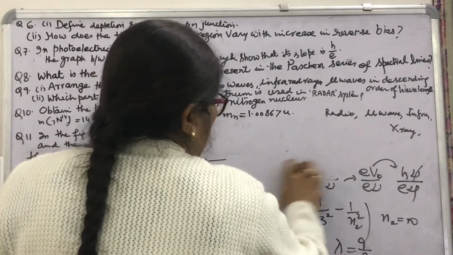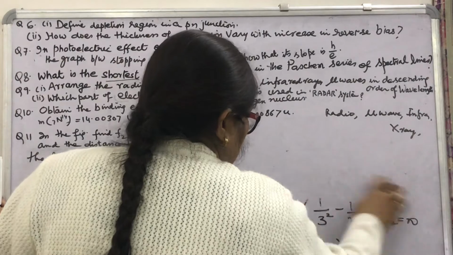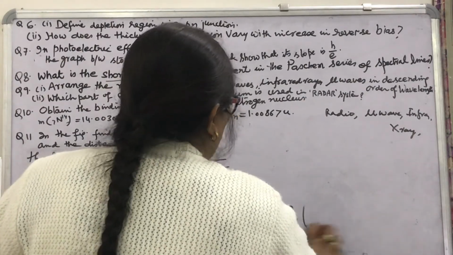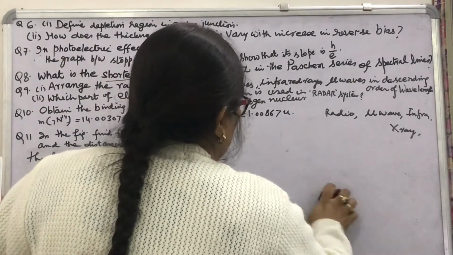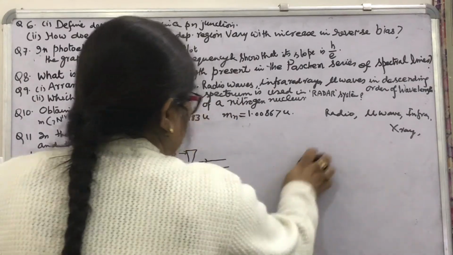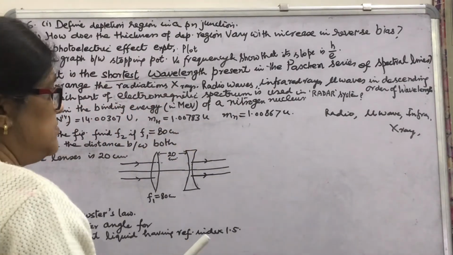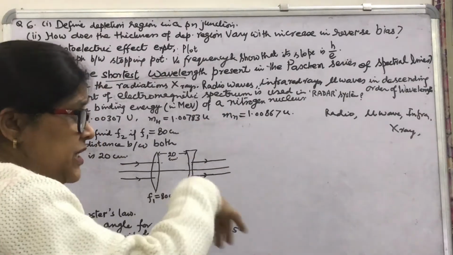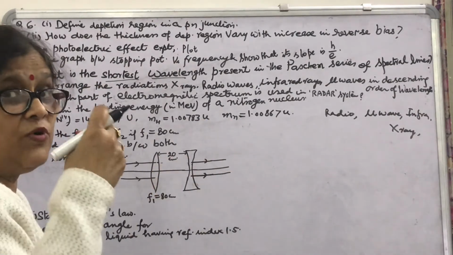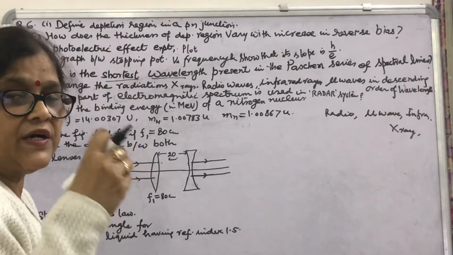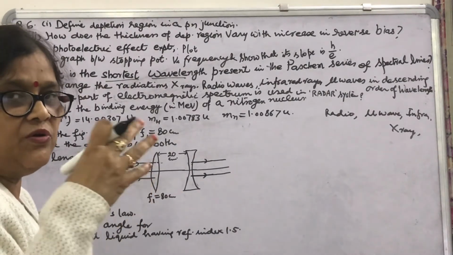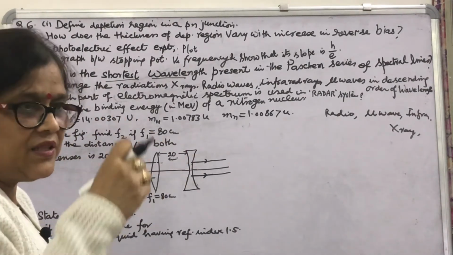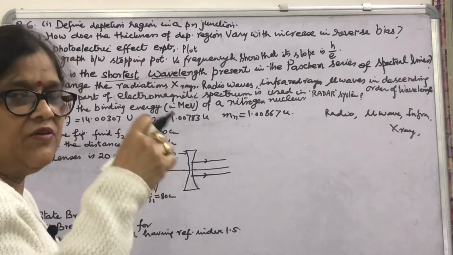You know, in the nucleus, in the very tiny, very small space, all the nucleons have to stay there. They stay in the very small space due to the largest force of attraction, called nuclear force. Due to nuclear force, they are bound together and contained within a very small space.